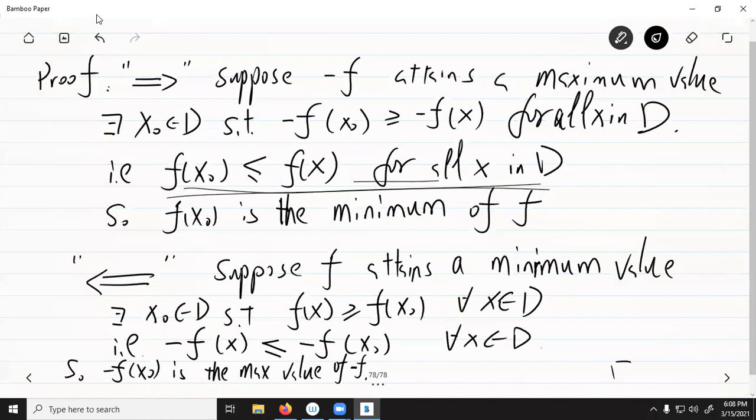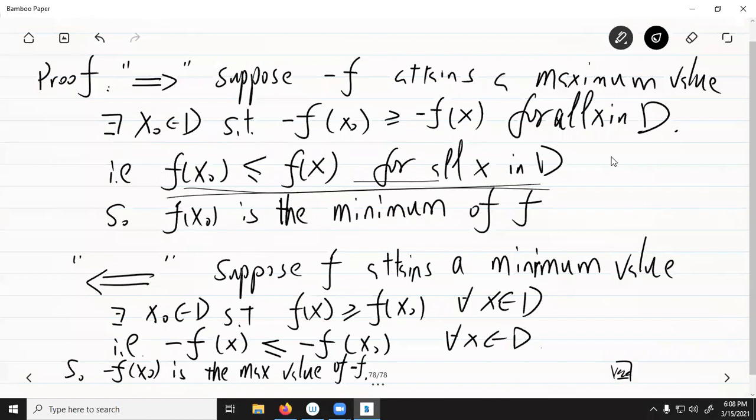Okay, so we proved it. For this proof, nothing special. Why? I didn't use any technique. I just restated what the maximum value is.